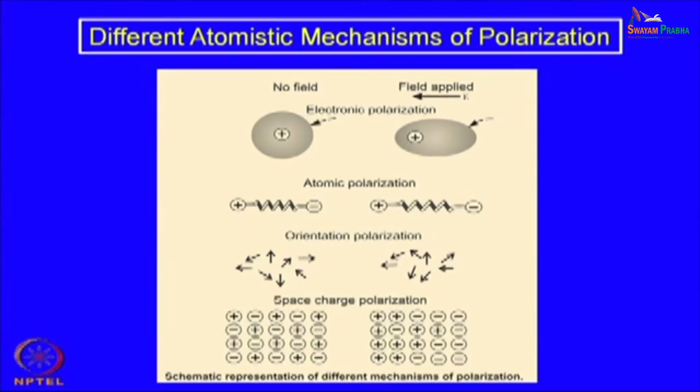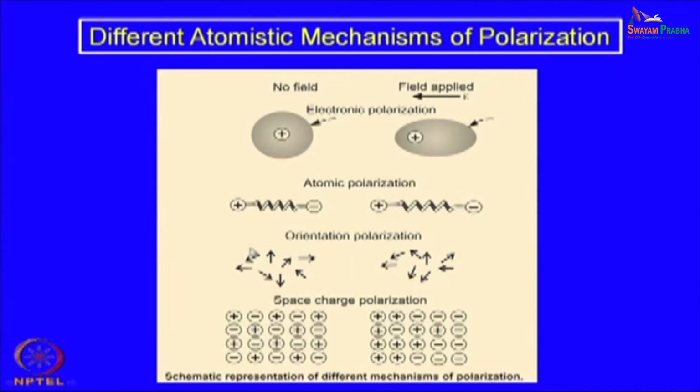All of them may not completely align, they may not come parallel to each other, but depending on the applied electric field they will tend to come parallel to the electric field. So, consequently there will be a change in the overall dipole moment.